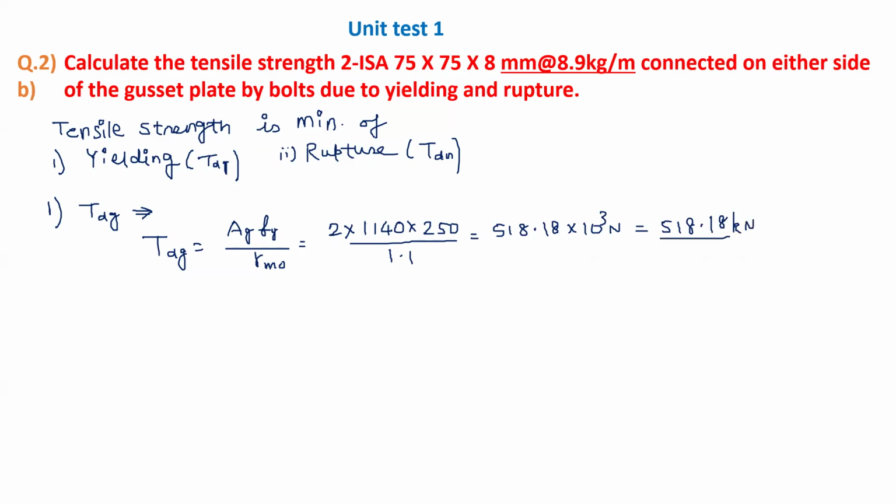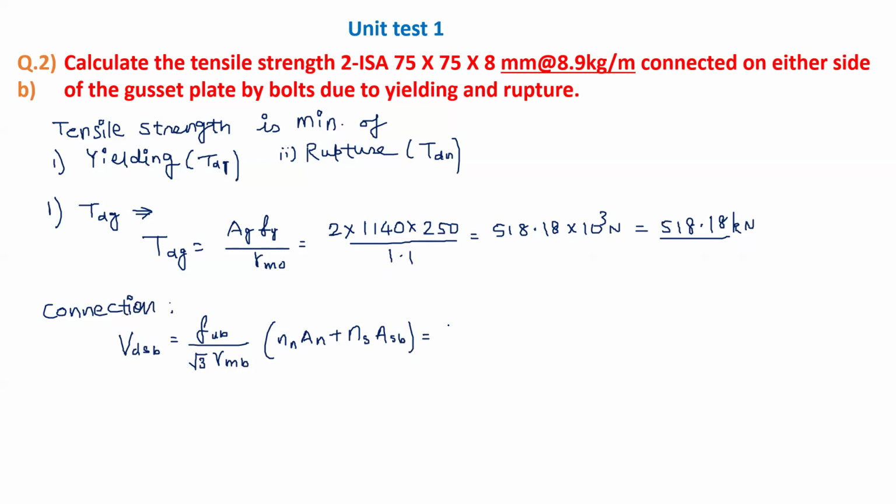So now we have the connection. So we have VDSB, that is FUB upon root 3 gamma mb in bracket nn An plus ns Asb.